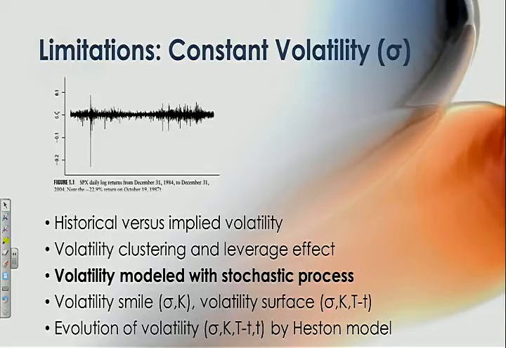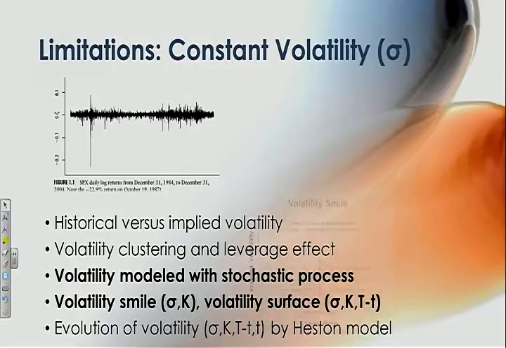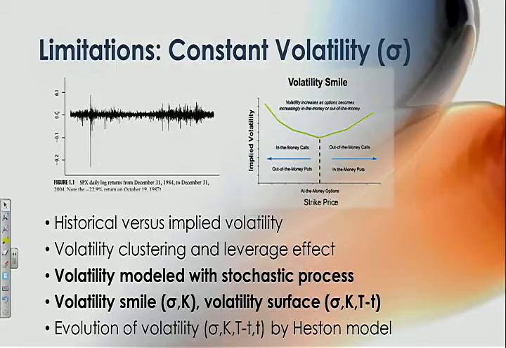Our research has found that this volatility parameter is well discussed across a lot of literature. Stochastic volatility in the form of the volatility smile, the two-dimensional format, the volatility surface in 3D, and the evolution of volatility in four-dimensional space are well fed into the Black-Scholes model.